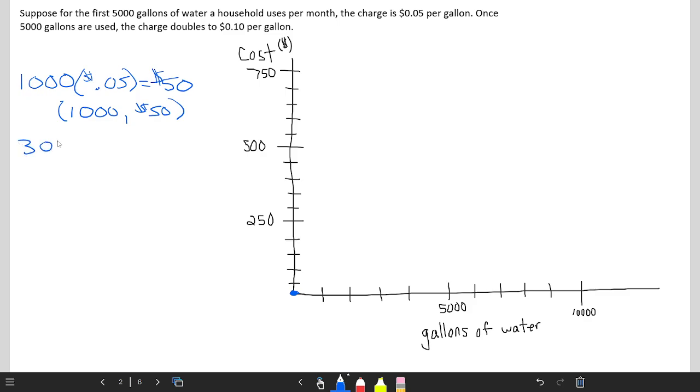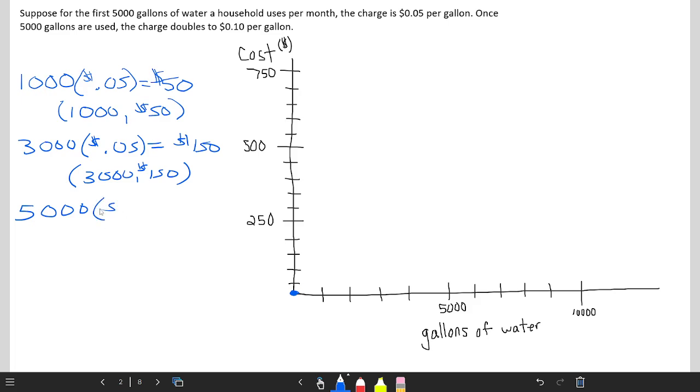If we use 3,000 gallons, similarly, if we take that times 5 cents per gallon, then we'd be charged $150. So we'll have the point 3,000, 150. And this pattern will keep going up through 5,000 gallons.